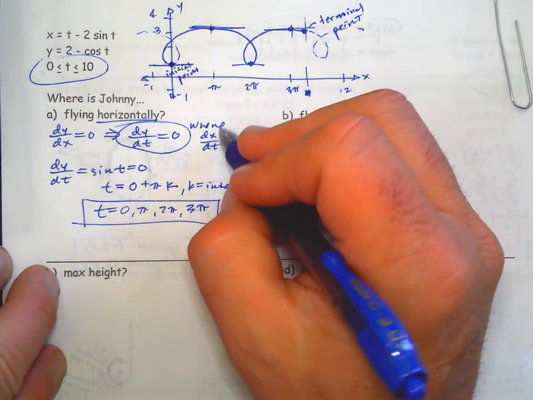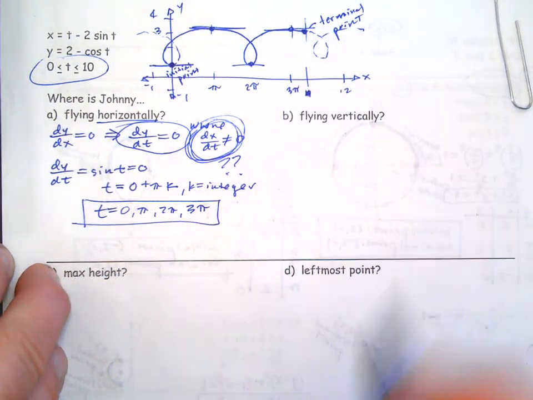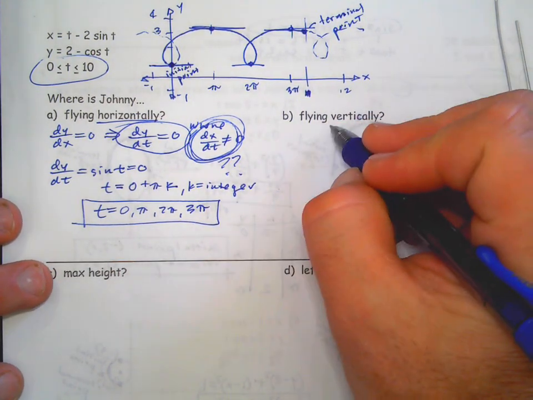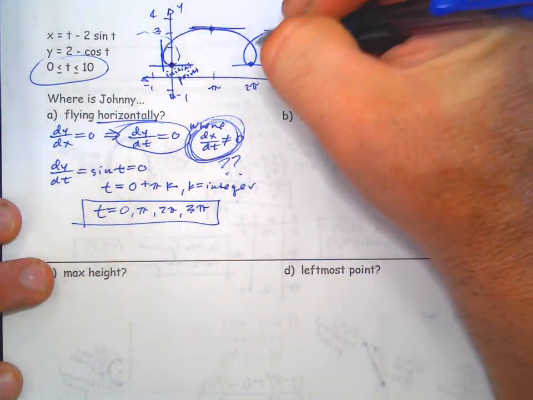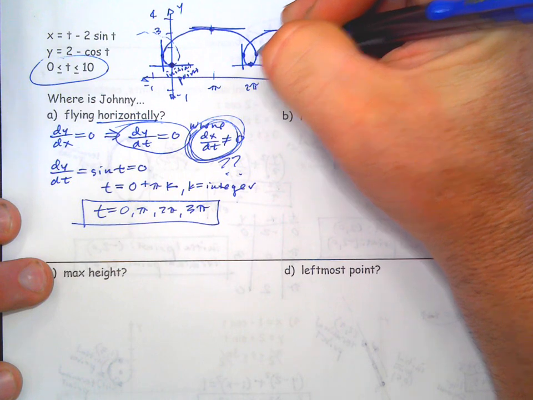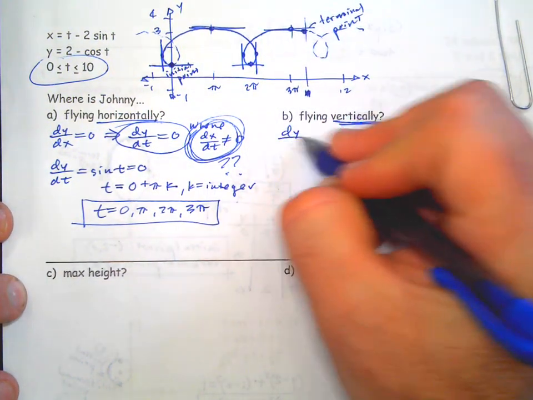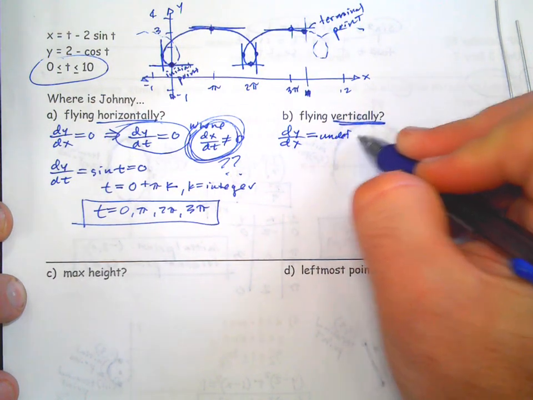Now, we're about to do some work that will confirm whether that's happening. Otherwise, you got to kind of watch out for it on your own. Now, vertically would be straight up and down, which would be right here, here, here. So I think there's 3 answers. And that would be when dy/dx was undefined, right?